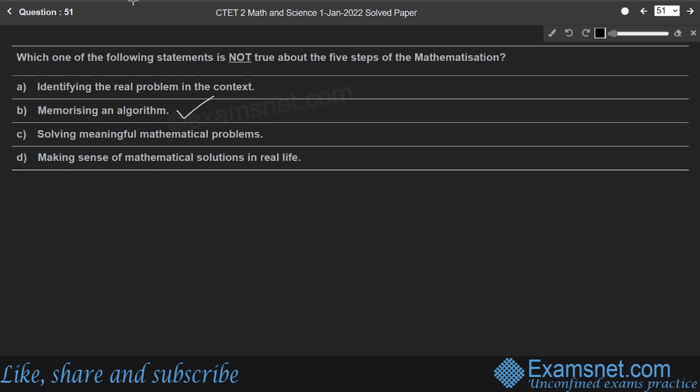So mathematics includes processes like thinking before problem solving. The child has to think, solve problems, and analyze. So these are the processes which are better than memorization, right?